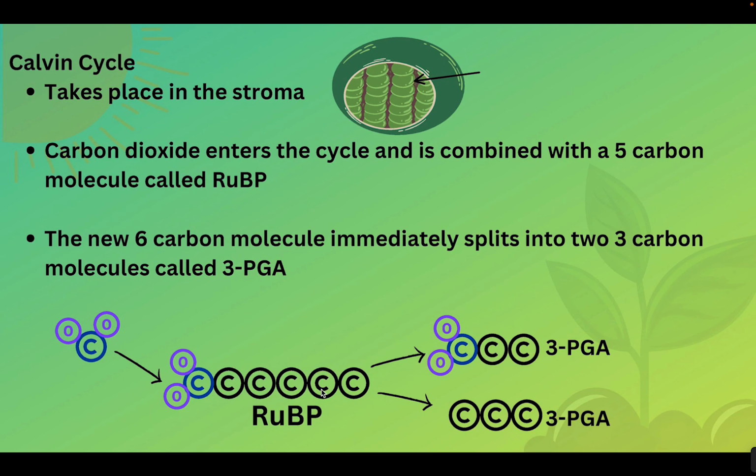After this connection happens, this bonding takes place, it's going to immediately split into 2 3-carbon molecules. These are called PGA. So we have one 3-PGA that has the carbon we got from carbon dioxide, and we have a second 3-PGA, which is the remaining carbons from RuBP.